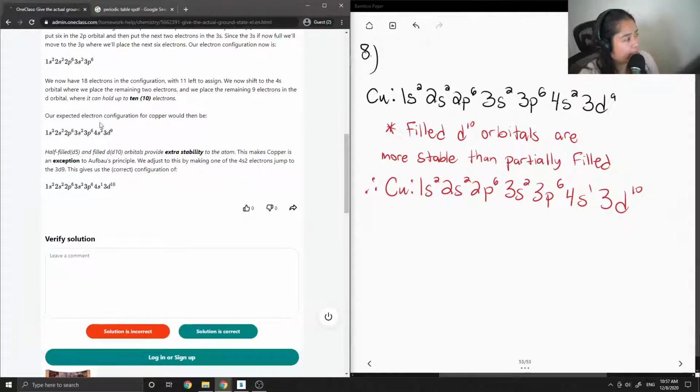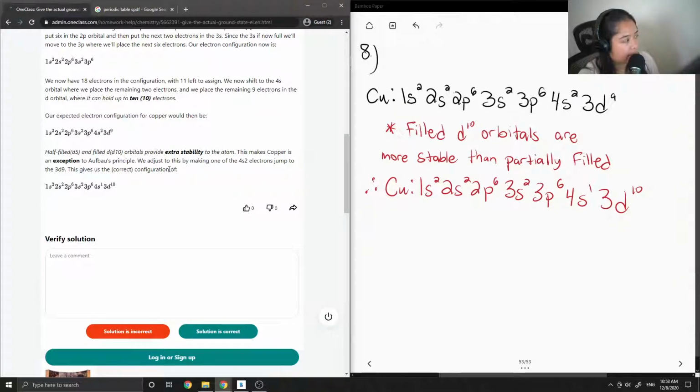And then they mentioned that our expected electron configuration for copper would then be 1s2, 2s2, 2p6, 3s2, 3p6, 4s2, 3d9. They also wrote half-filled d5 and filled d10 orbitals provide extra stability to the atom.